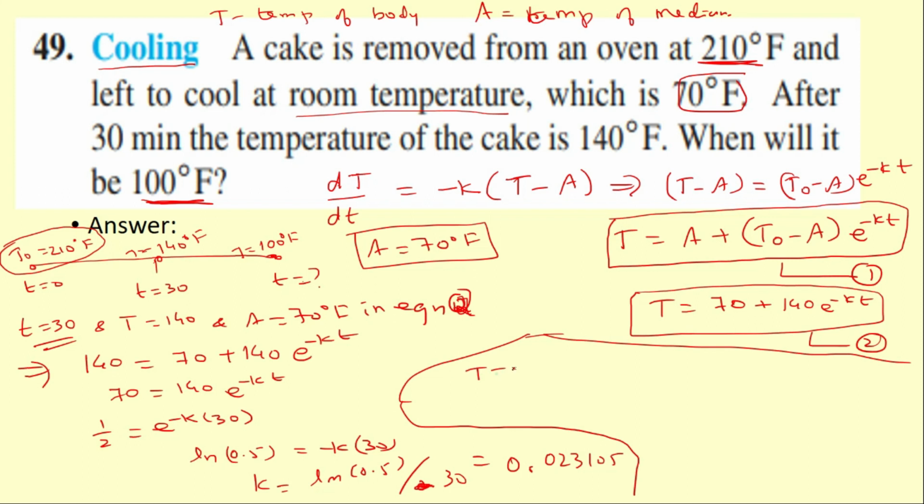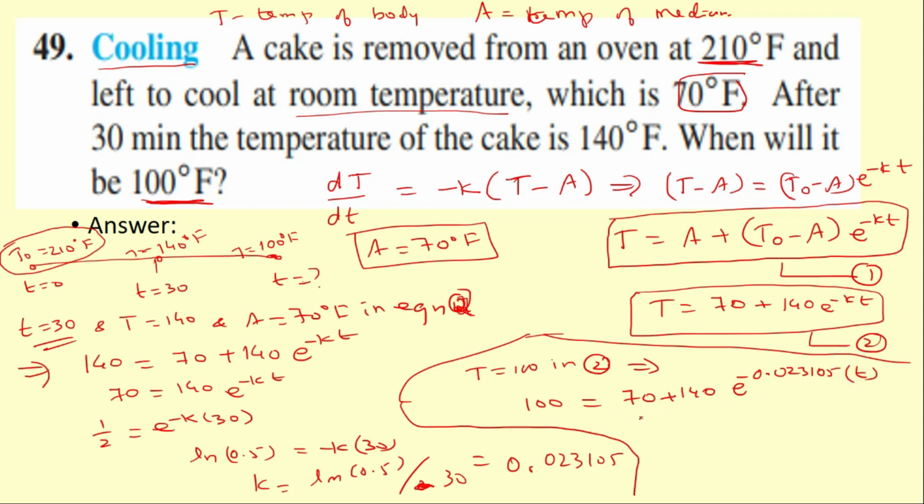So capital T is 100 in equation number 2, which gives 100 is equal to, in the same formula, 70 plus 140 e raised to minus k t, which is 0.023105 times t. So we have to find t.